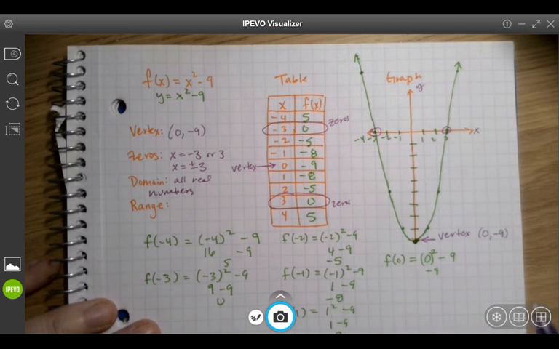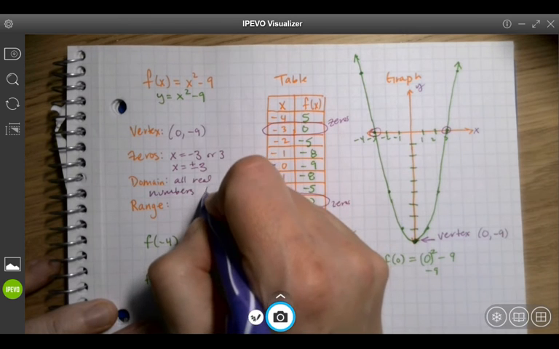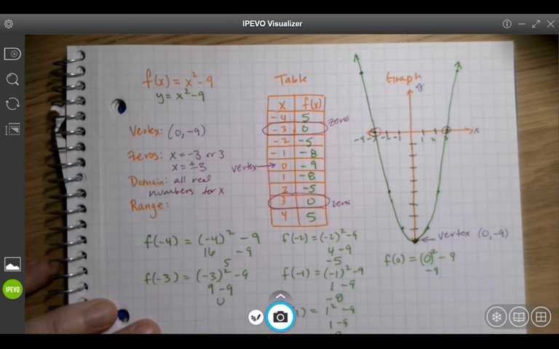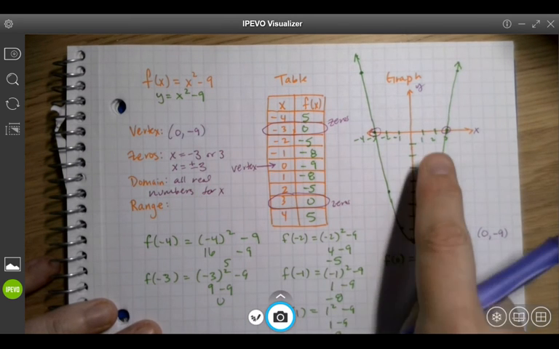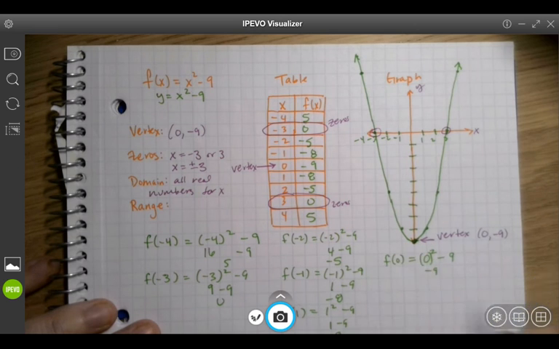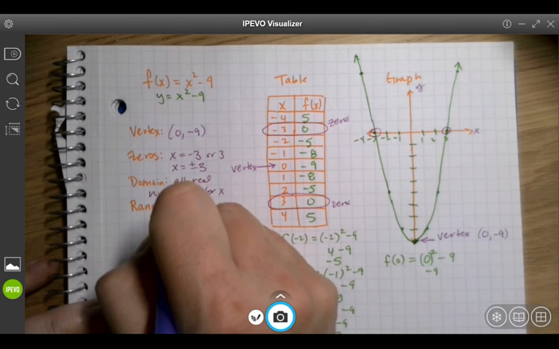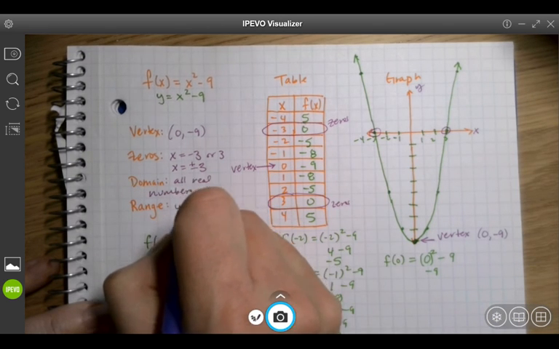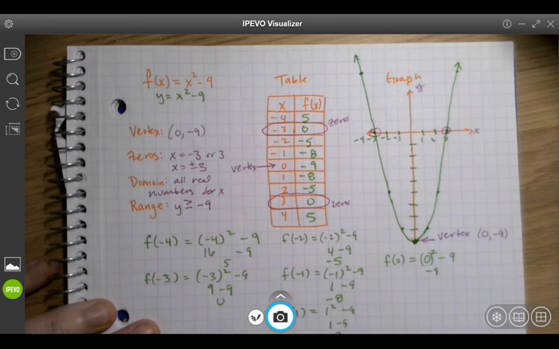Any number. x can be any number. But the range, the y value, goes up forever, but it can never be smaller than -9, though it could be -9. So y has to be greater than or equal to -9.